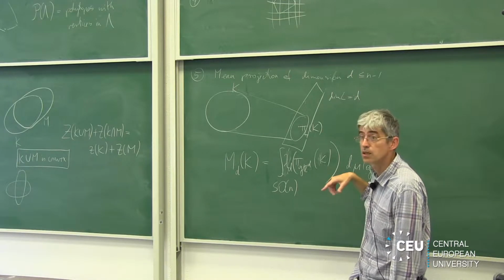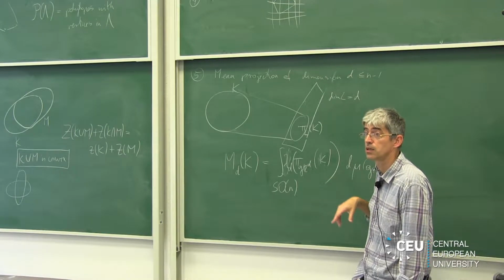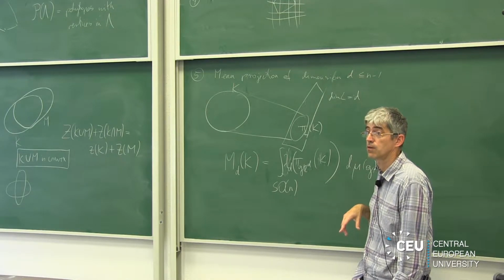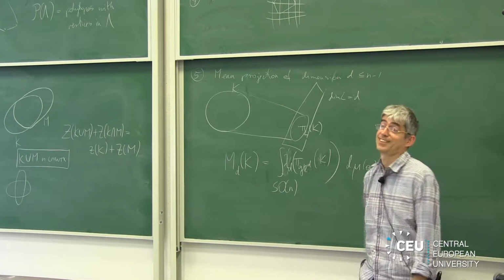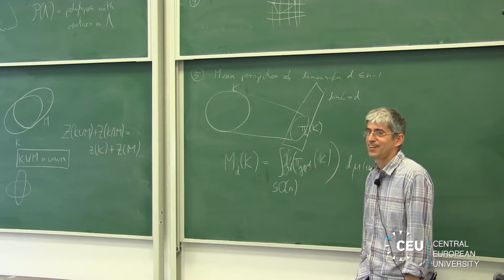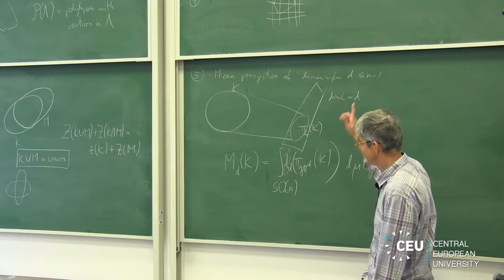Do I understand correctly that if I take D equals n minus 1, then this is just a constant multiple of the surface area? Yes, this is the Cauchy theorem.